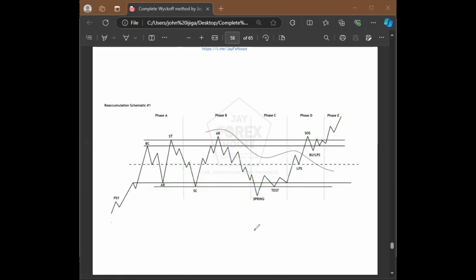On episode 5, we break down using the reaccumulation. Okay, so I've not taught you guys mainly about how the reaccumulation works, but this is the introduction to the accumulation and the reaccumulation. So we are going to have more episodes, episode 5, 6, and 7, where we break down more about the schematics and how to use them, the meaning of this stuff.